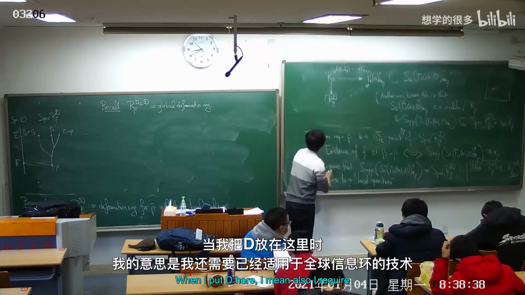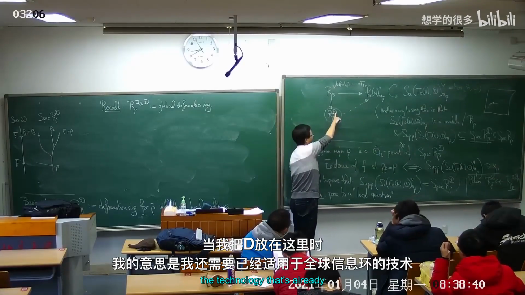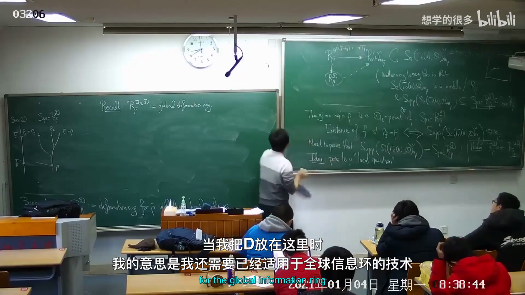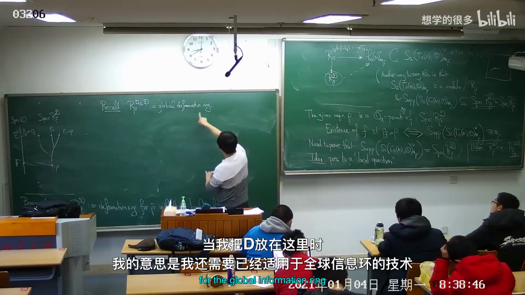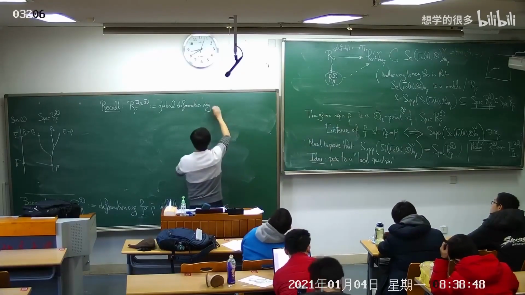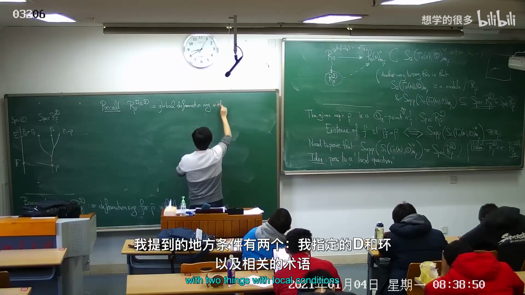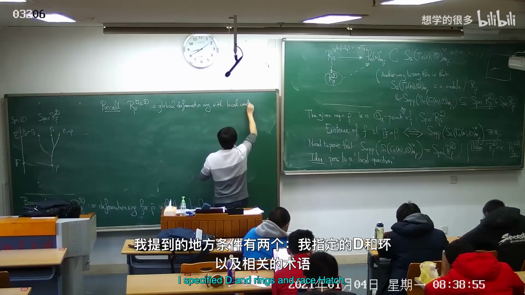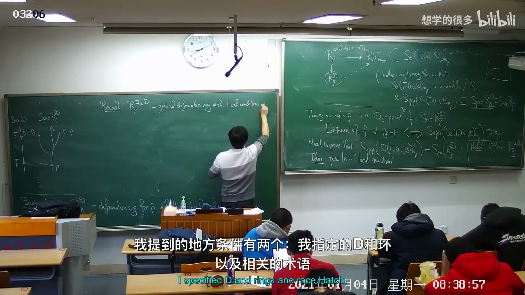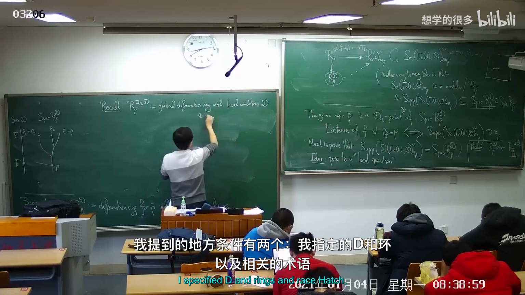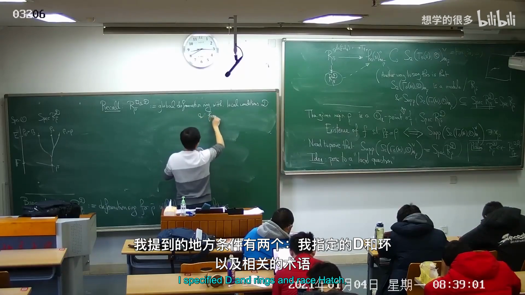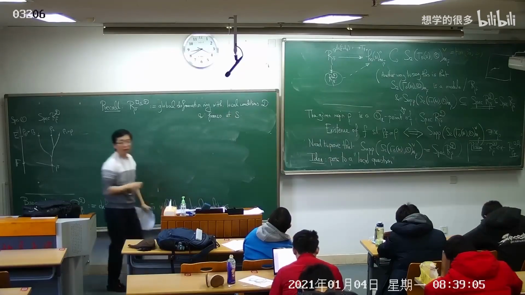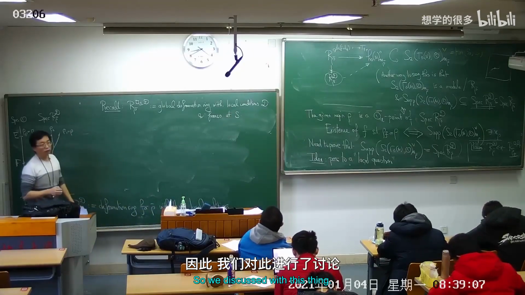When I put D here, I also require the determinant to be a cyclotomic character. Okay, the global deformation ring with two things: with local conditions, I specified D and frames at S.